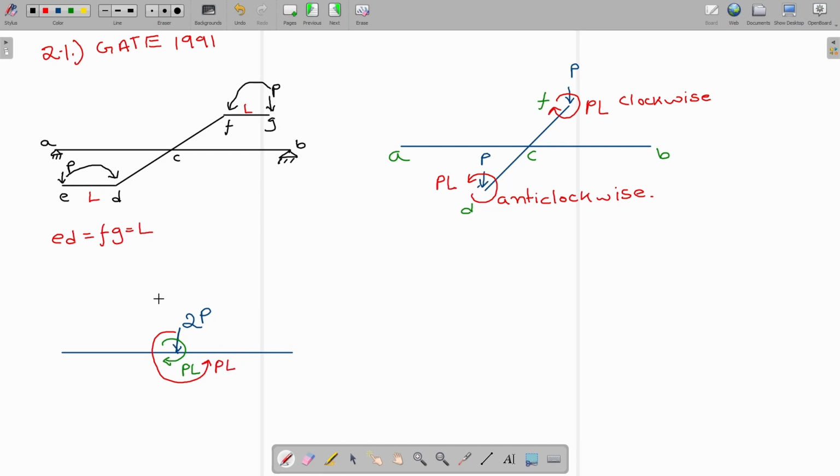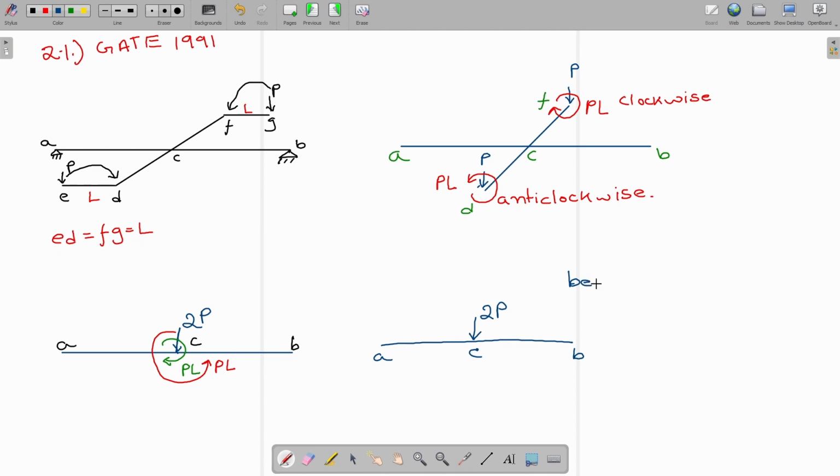This point is C, this point is A, this point is B. Now therefore this clockwise and anti-clockwise direction moment will cancel out each other. So what we are left with is the load 2P at C. Therefore I can say that the beam will carry only bending moment and shear force.